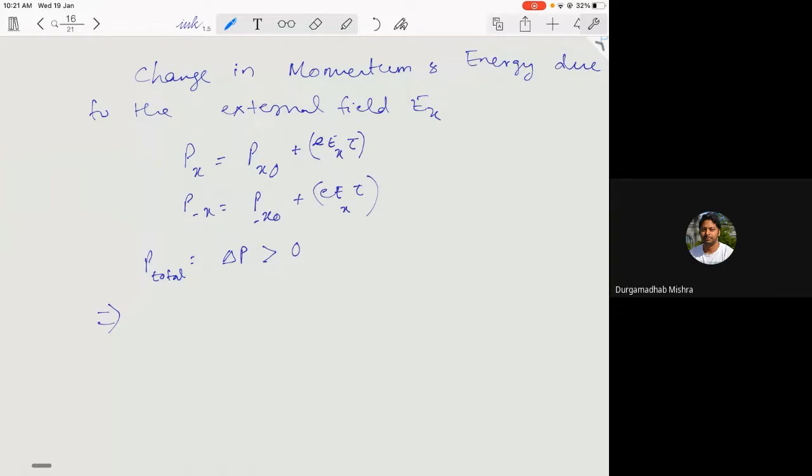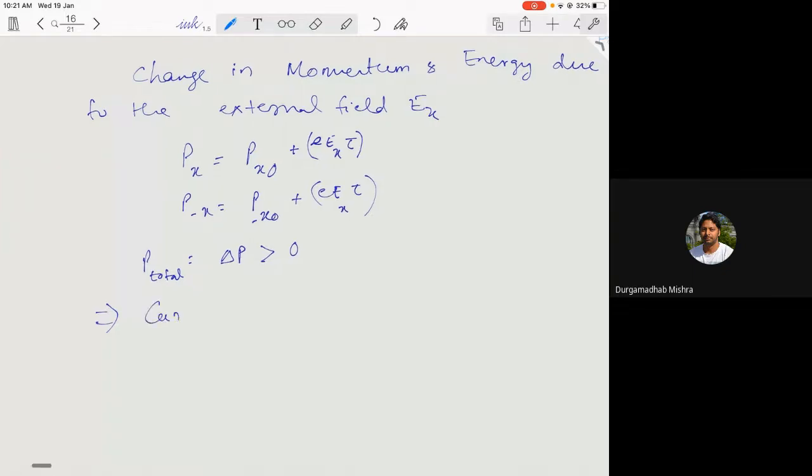So this leads to a current in the negative x direction: the electric field is applied in the negative x direction, the electrons shift in the positive x direction, and the current is in the negative x direction.